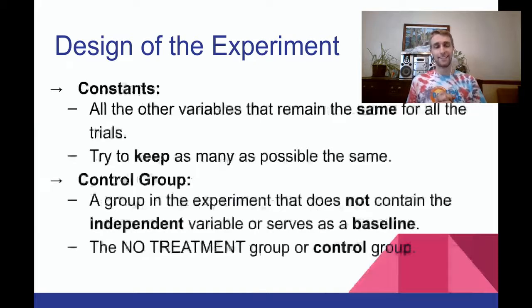Next is the idea of a control group. Not every experiment has a control group, but a lot of experiments do. And in experiments that do have a control group, you can think of a control group as a baseline. So if you want something to compare your results to see if any changes you made had any effect compared to what the background was, you need to include a control group.